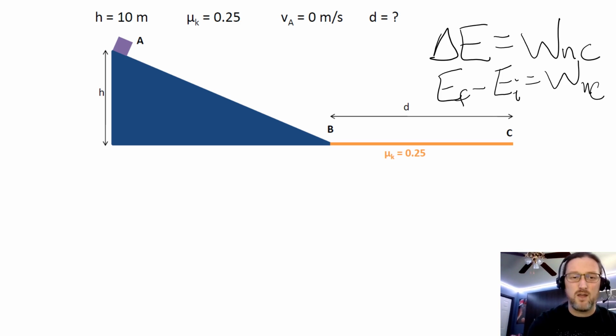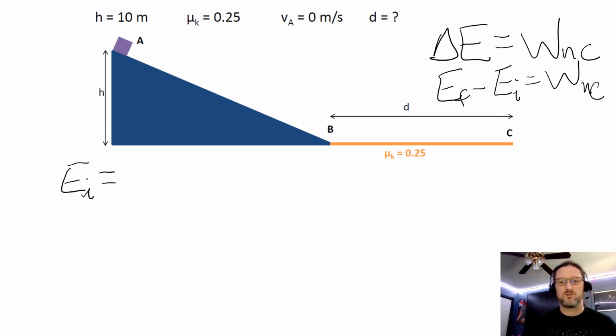And so let's look at that beginning state first, initial energy. And we can run through the list, those four things I mentioned. Translational kinetic energy, rotational kinetic energy, then gravitational potential energy, and spring potential energy. What types of energy does the object of interest possess in this system? The thing of interest is that crate that's sliding, the block, right? So, well, it's not moving. It says it starts at rest, so it has no kinetic energy of either kind.